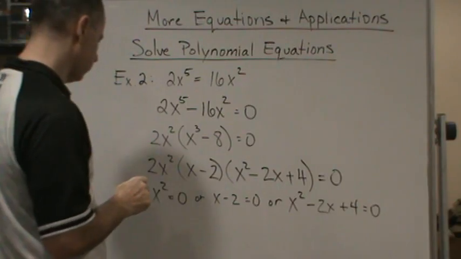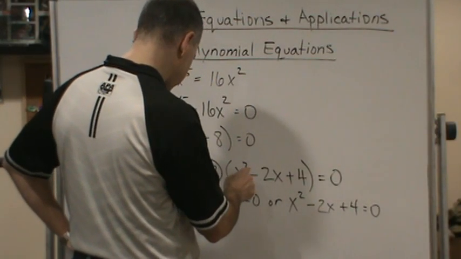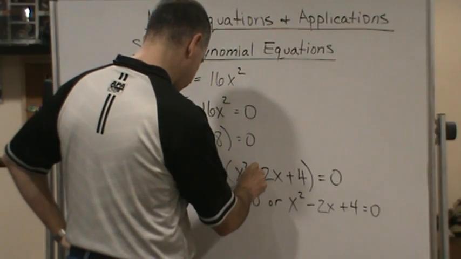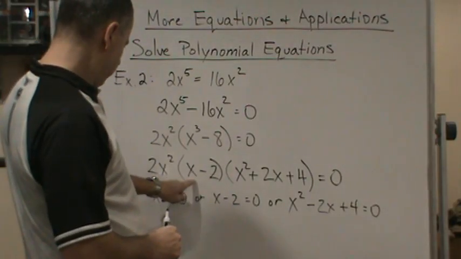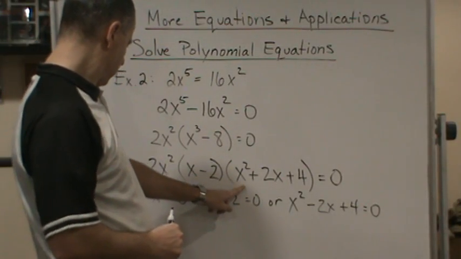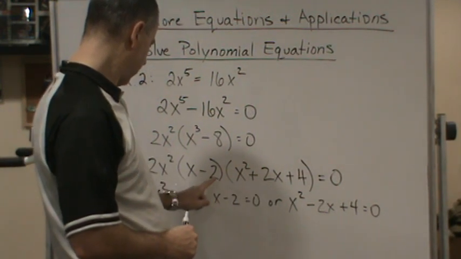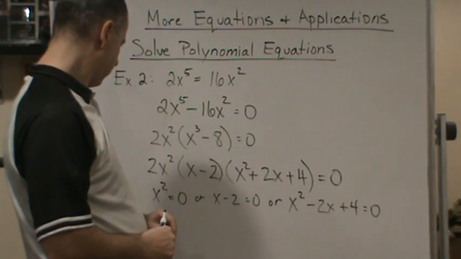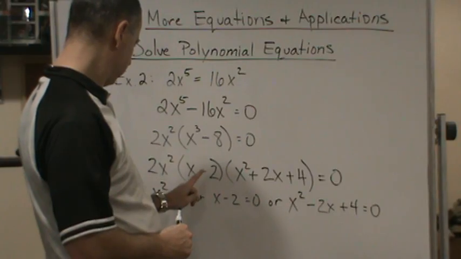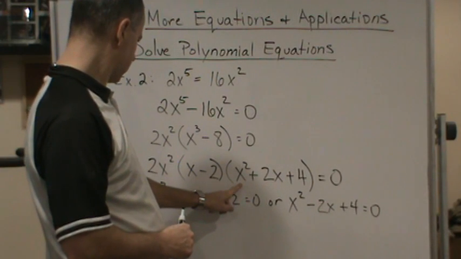Oh, hold on a second. That should be a plus. x cubed, 2x squared, 4x, negative 2x squared.